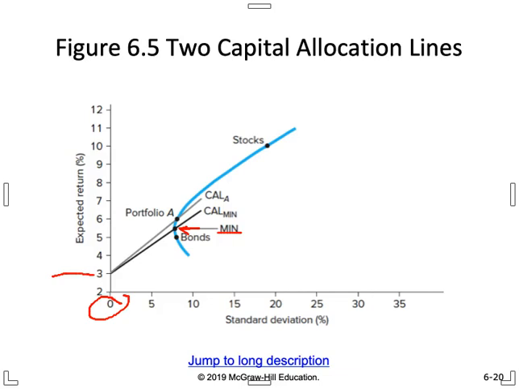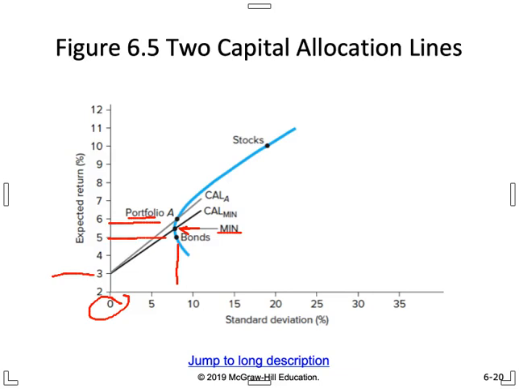You can also see that portfolio A here gets significantly more return when you come all the way over to the y-axis. It has significantly more return without much more standard deviation. So portfolio A seems to have a higher Sharpe ratio, more return for the same standard deviation.